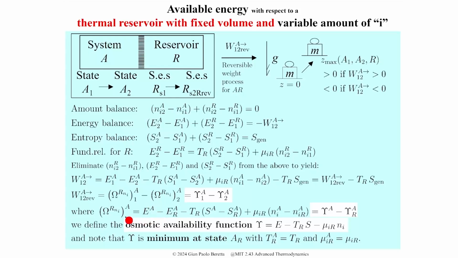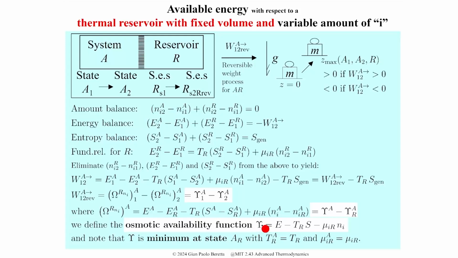This combination that appears in the expression for this new version of the available energy, namely E minus TR S minus the chemical potential times the amount of that substance that can cross between the system and the reservoir, we may give it a name or not, simply an availability function. Maybe we could call it osmotic availability function. Maybe we could use this letter or another letter.